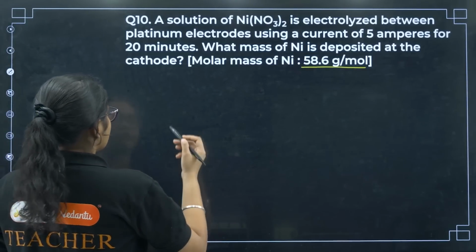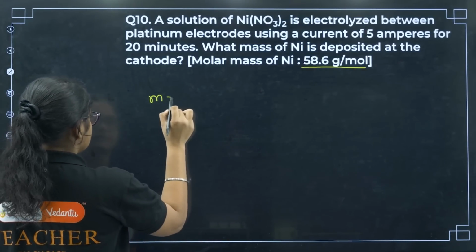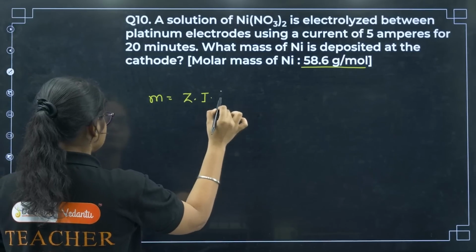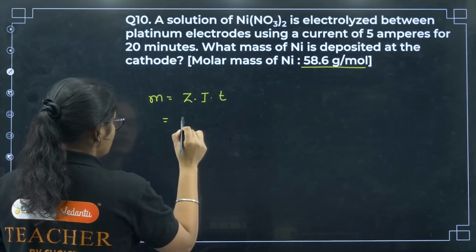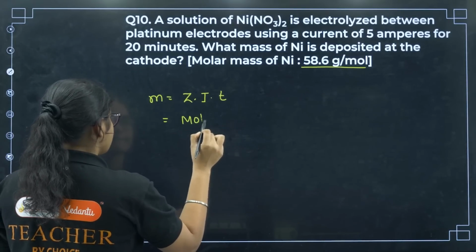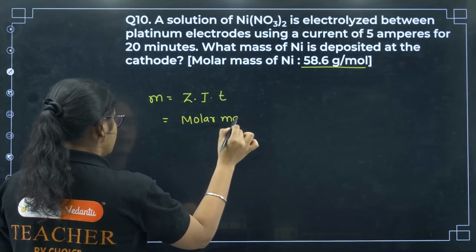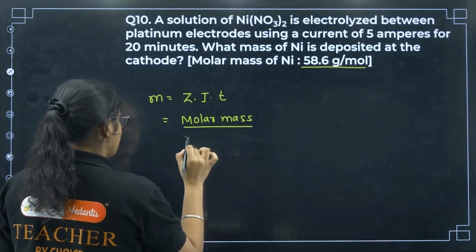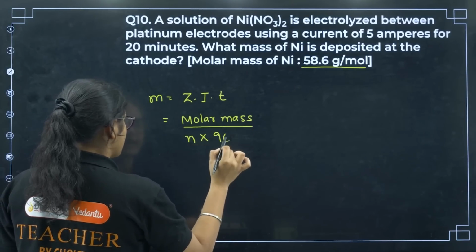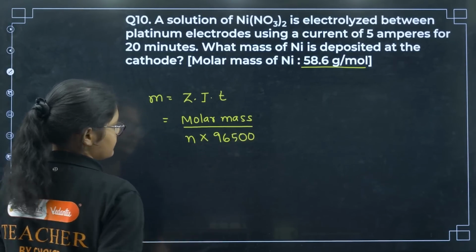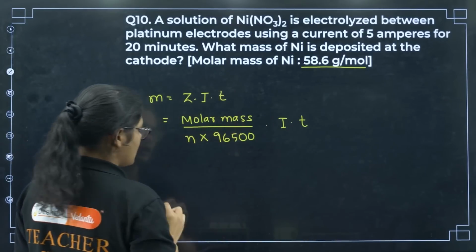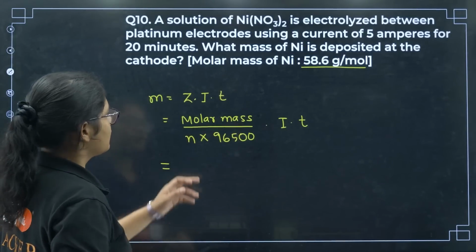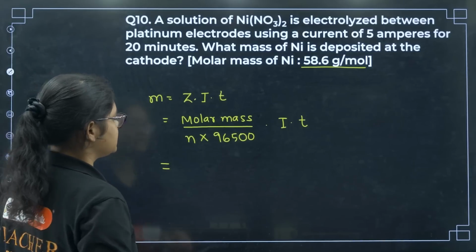Okay, now coming to Faraday's first law, we know M is equal to Z into I into T. So Z is equal to what? Z is equal to molar mass divided by N into 96500, into I into T. Now coming to the value here, nickel mass we have to calculate, how much it is getting deposited.